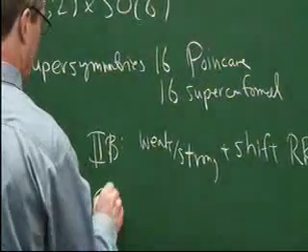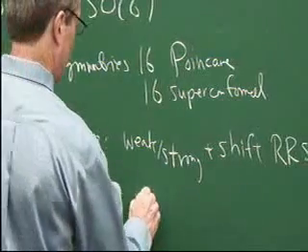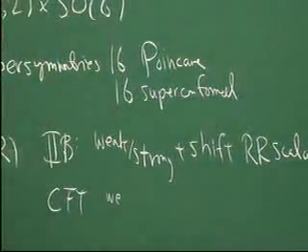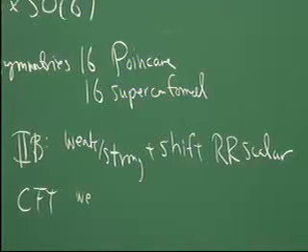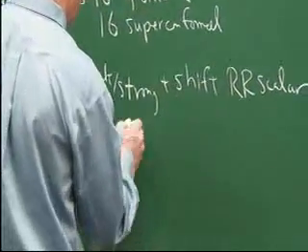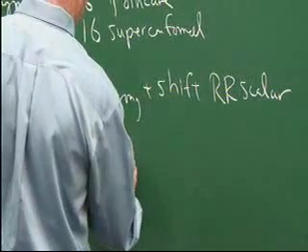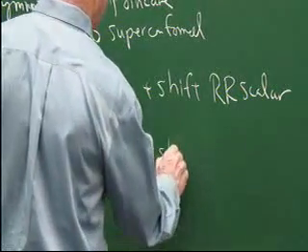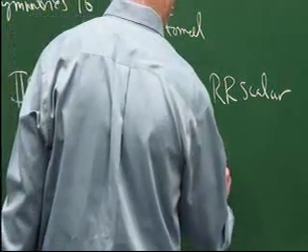And in the CFT, again, it's the weak-strong. This weak-strong duality of the IIB theory descends to the gauge theory, to the D3 branes, and again, it's weak-strong and discrete shifts of the theta parameter.